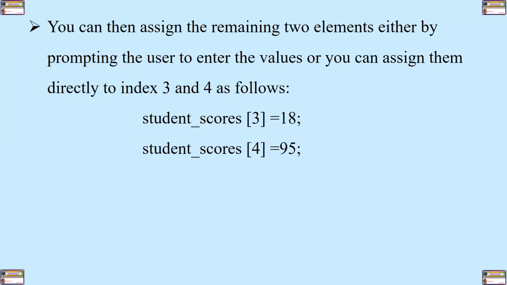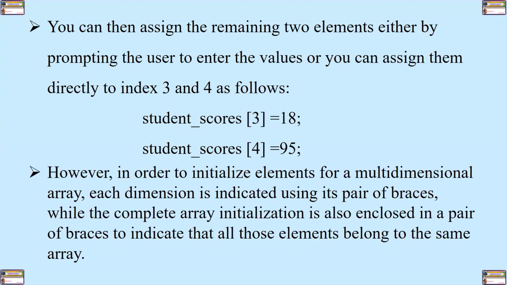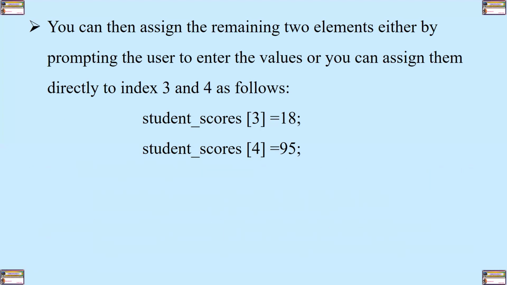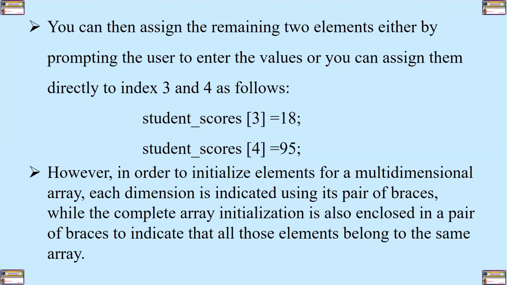It simply says assign 95 into the array called student scores at index number 4, that means at position 5. So you can see, you can assign normally the way you assign to other variables. The only thing you need to remember is how you do it for the array. Always have the name of the array and its index clearly shown.